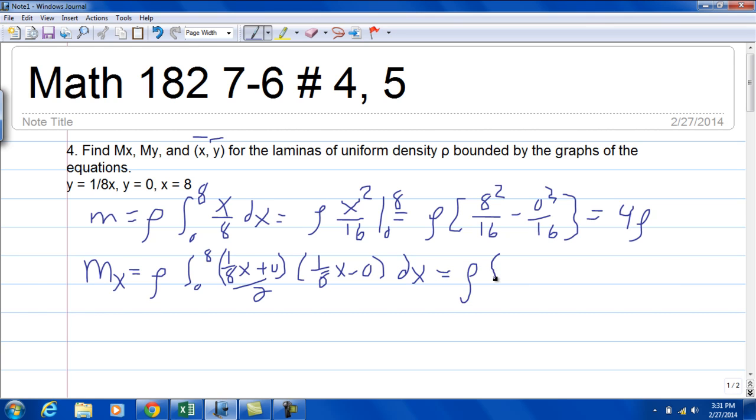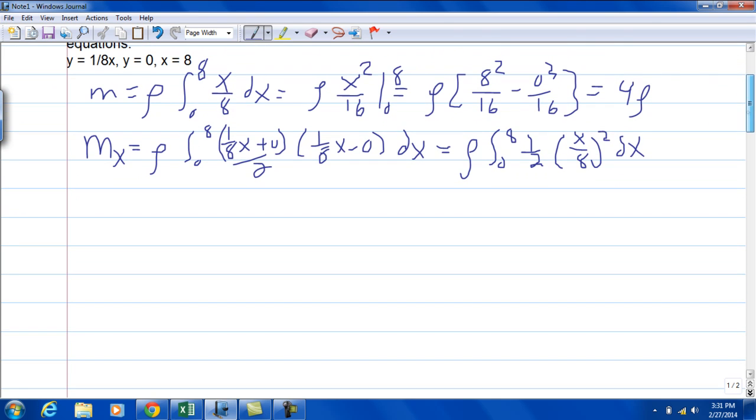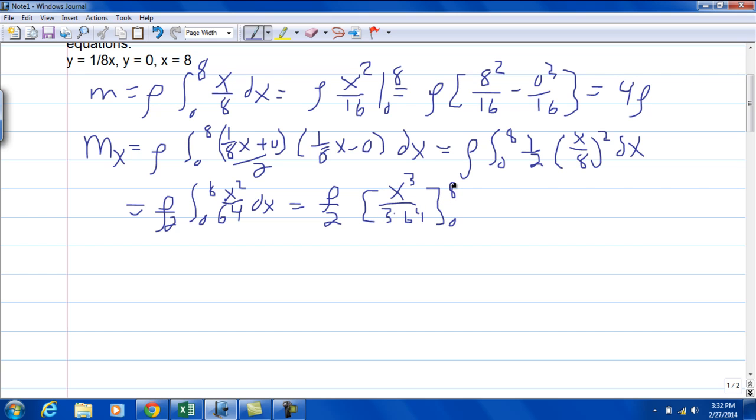So it has the effect of being rho integral from 0 to 8, and we pull the 1/2 out there, times x over 8 squared dx, which I might call rho over 2 integral from 0 to 8 of x squared over 64 dx, which is rho over 2 times x cubed over 3 times 64 from 0 to 8.